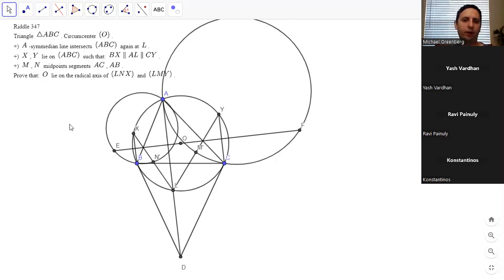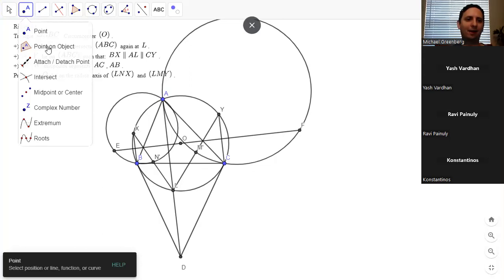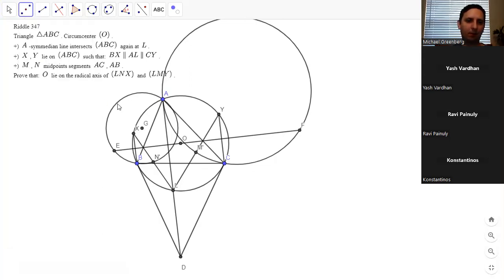So we want to show that O has the same power with respect to these circles. And yeah, maybe we can use Casey's theorem. So the radical axis of these two is AB. Yeah, I like that idea. So let G be the center of this circle and H be the center of this circle.